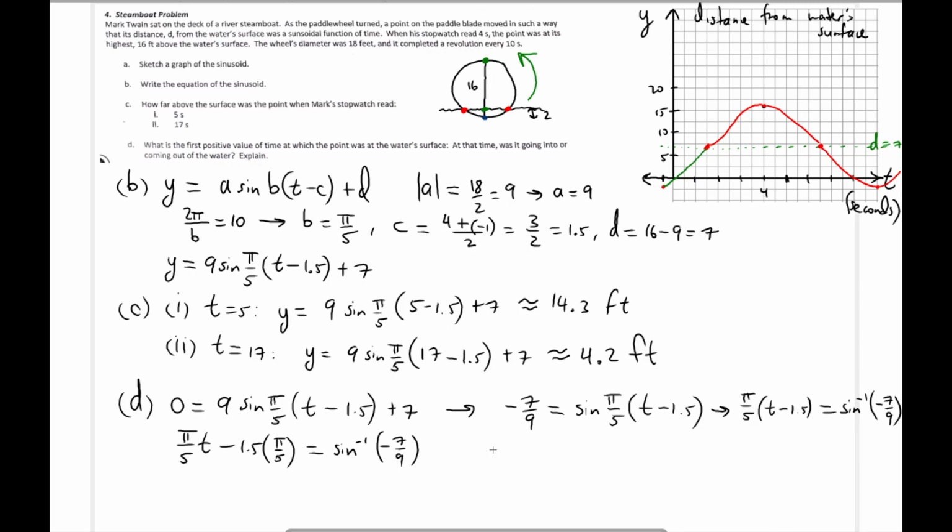Okay? So notice that you can solve for t this way. Because first you're going to add the 1.5 times pi over 5, the product, to the right side of this. So you're going to say arc sine of negative 7 over 9 plus 1.5 times pi over 5.